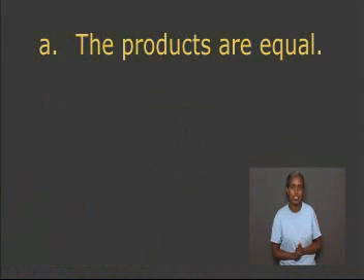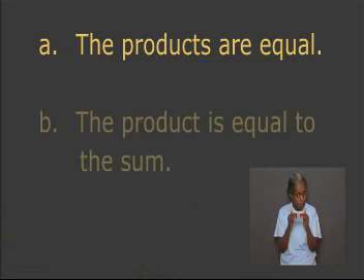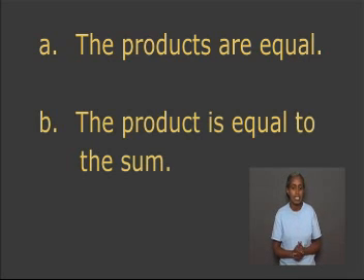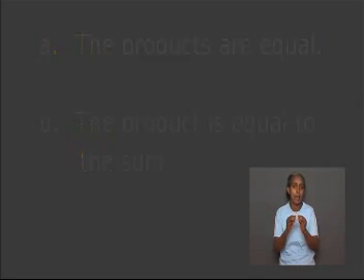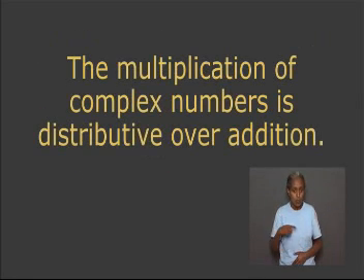Hello again, everyone. In the first question, I am confident that you found the two products to be equal. In the second question, the product is equal to the sum. We can conclude from this that multiplication of complex numbers is distributive over addition.